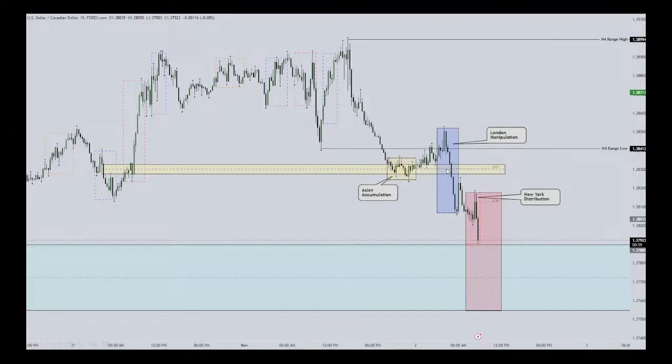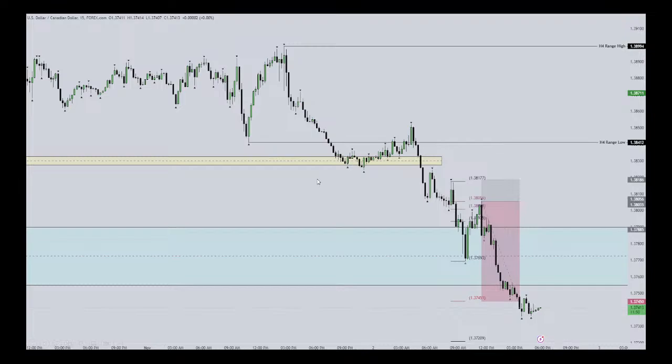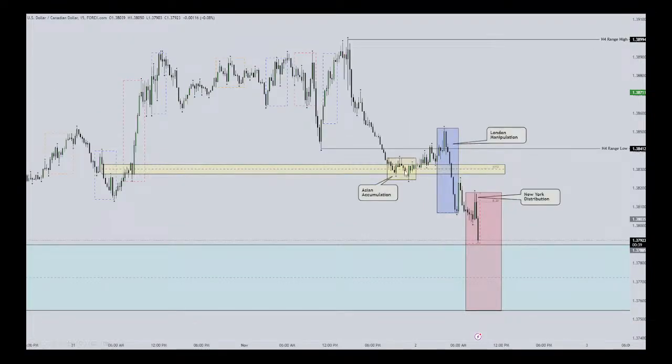So right here, we could have found a good couple of entries that were possible to take, because we see that there's Asian accumulation right here. This is the power of threes. We have Asian accumulation, and then we have London manipulation after it swept the Asian high and then ran through the Asian low.